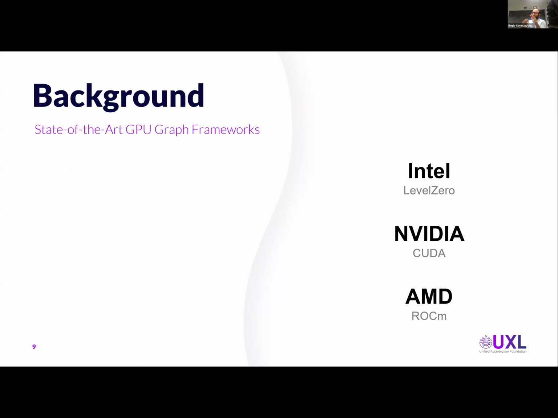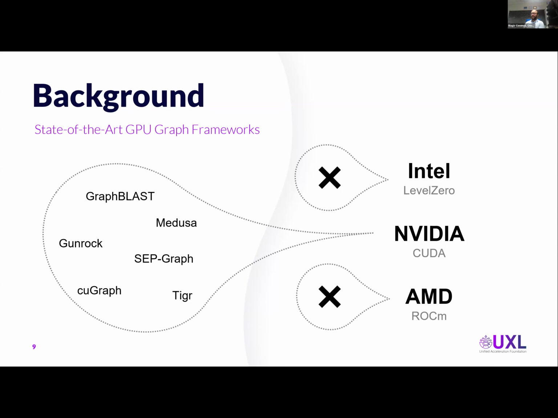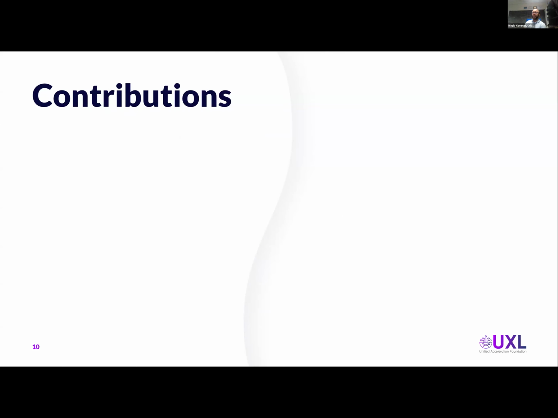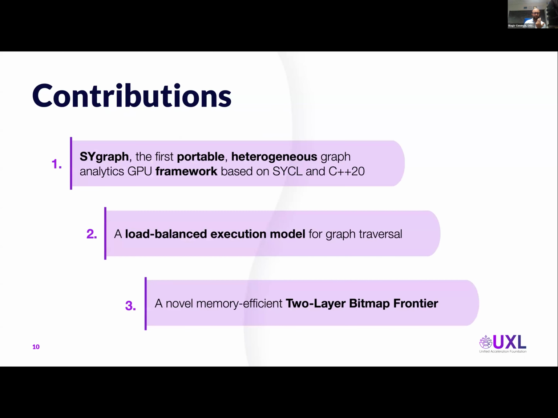And we have low-level APIs for them, like Level Zero, CUDA, and ROCm. If we look at the frameworks available right now, most of them are research work, but we also have cuGraph, which is made by NVIDIA. It can only target NVIDIA, and it is not portable.